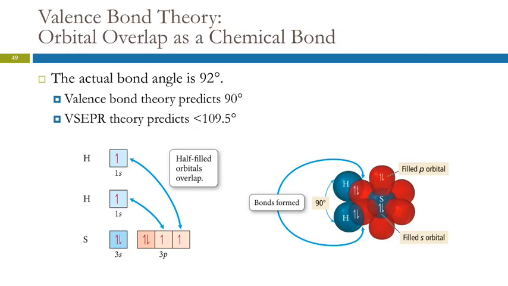VSEPR theory, which we just talked about with the balloons, let's draw the Lewis structure of this. So here you have sulfur, and you've got a hydrogen, and no, that's too big. And there's 2 lone pairs on the sulfur. So this is a lone pair on the sulfur atom. This is a lone pair on the sulfur atom.